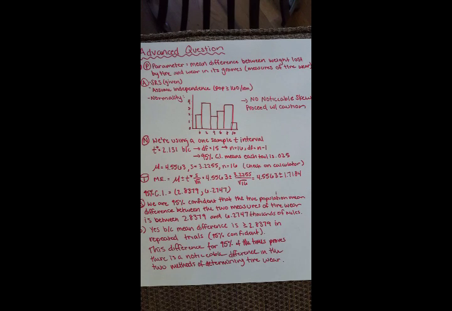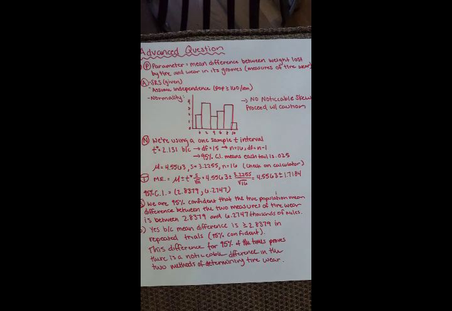All right, lastly, we're going to go to the S part, your statement, your conclusion statement. What you're going to do here is tie your parameter to your findings to your assertion and your conclusion about how confident you can be in the given interval. So our statement in this case is that we are 95% confident that the true population mean difference between the two measures of tire wear, in the weight lost by the tire and the wear in the grooves, measured in thousands of miles, is between 2.8379 thousand miles and 6.2747 thousand miles.